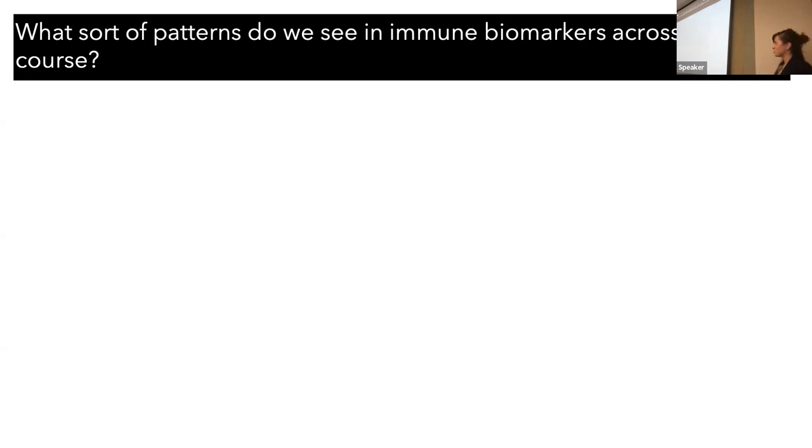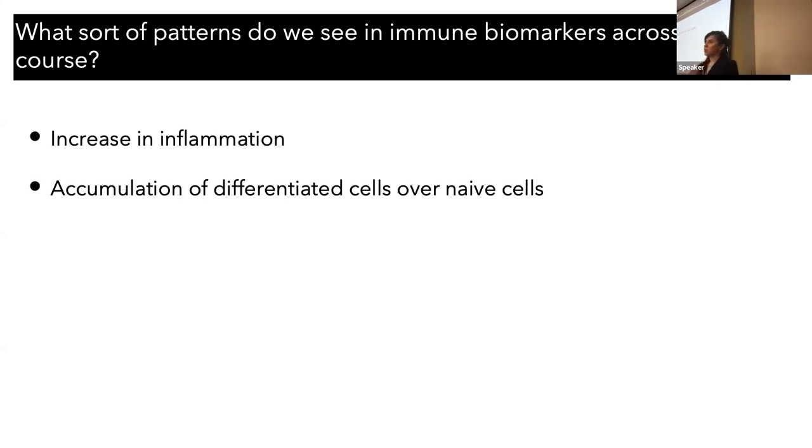Okay, so what sorts of patterns then do we see in immune biomarkers across the life course? We see an increase in inflammation. That's often called inflammaging. A lot of folks have studied this. But now getting into the more cellular specificity, we see an accumulation of differentiated over naive cells. So we see that composition of your T cell pool. And actually you see the same things, although to a lesser degree in your B cell pool, in your natural killer cell pool, that you see this change from mostly naive to mostly differentiated cells that are differentiated to a particular virus or infection.